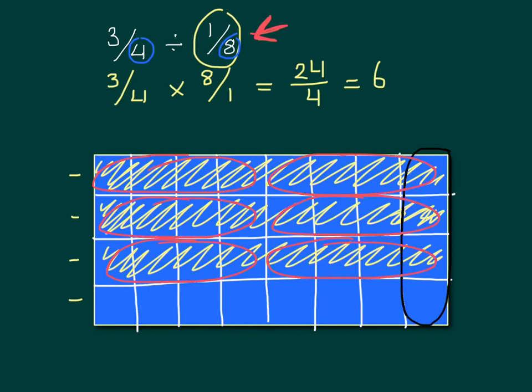And we can see that using our black circle here that 1/8 is equal to 4 of these boxes. And if we know that 4 of the boxes is 1/8, we want to find out how many of these 1/8s fit into our yellow section or our 3/4. And we can see the answer to that is 6. So I hope you can see that, and I hope that that gives a better understanding of our fractions unit.